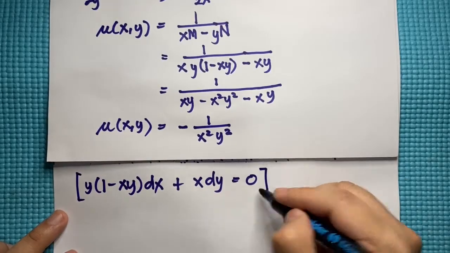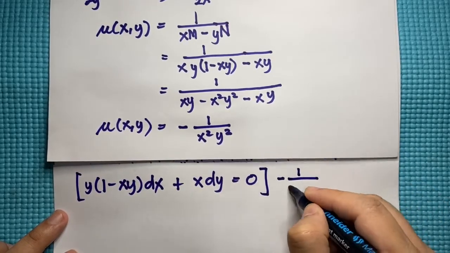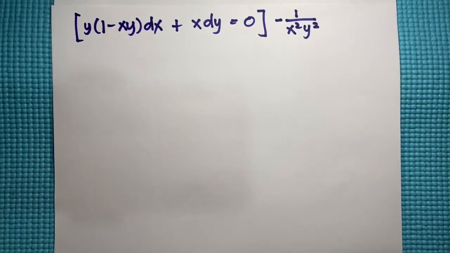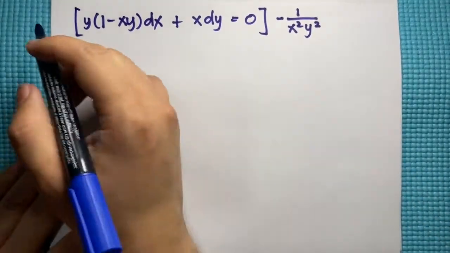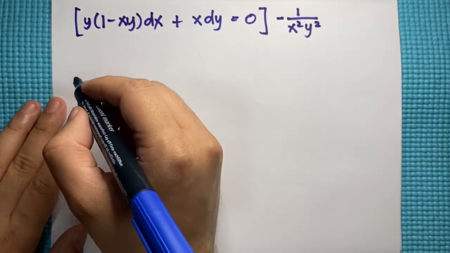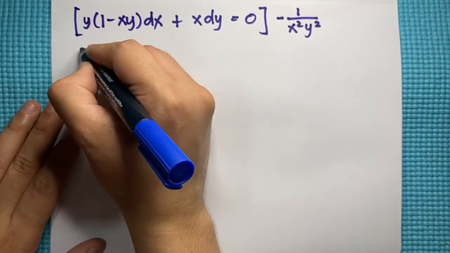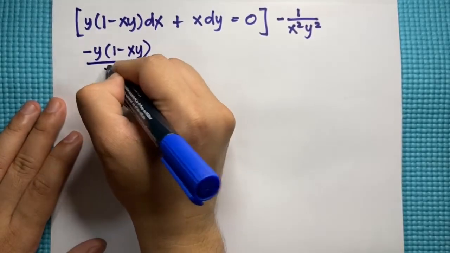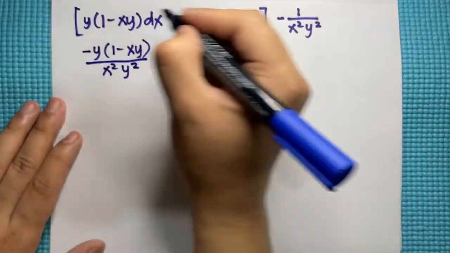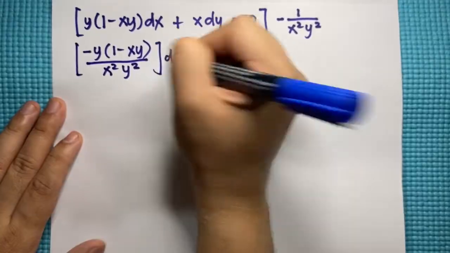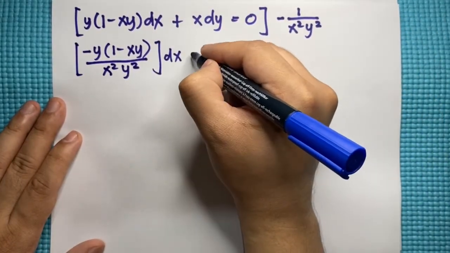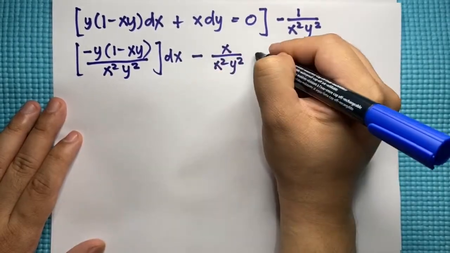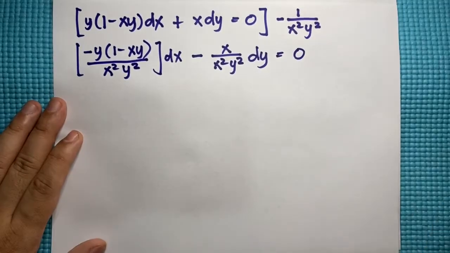So multiplying everything by negative 1 over x squared y squared, that will give us negative y times 1 minus xy all over x squared y squared, multiplied with dx, and then we'll have minus x over x squared y squared dy, and that is equal to 0.